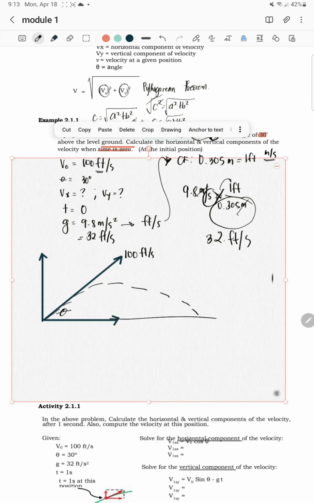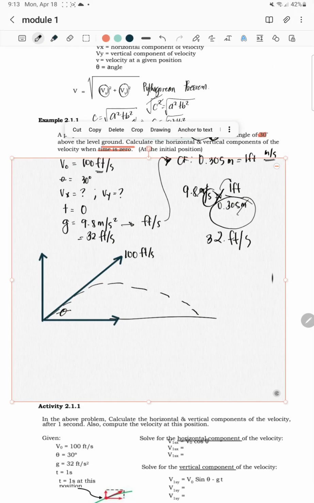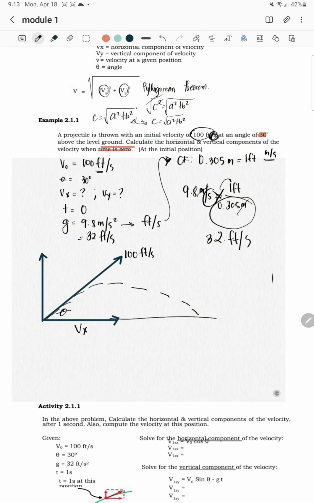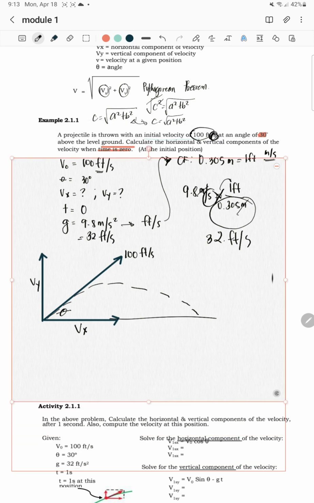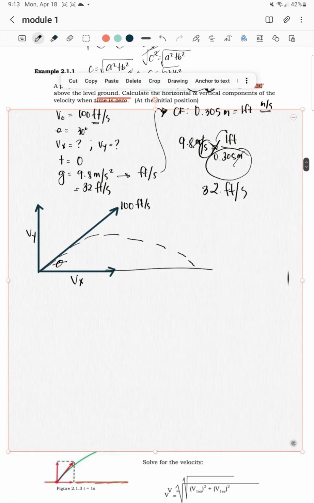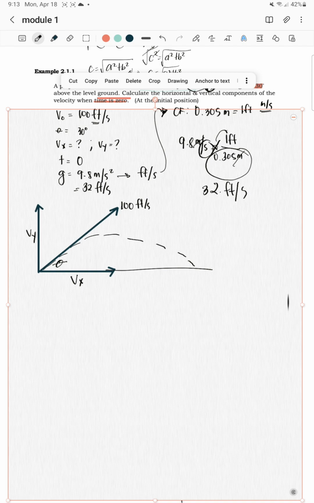Now, what we are going to compute is your Vx and then your Vy. Wherein, Vx is your horizontal component and your Vy is your vertical component. Tama po ba ako? Okay.